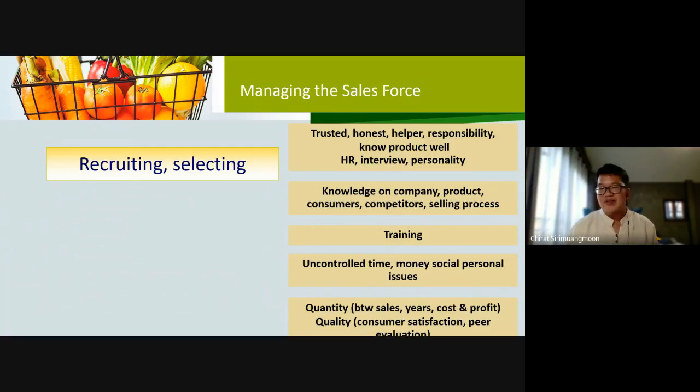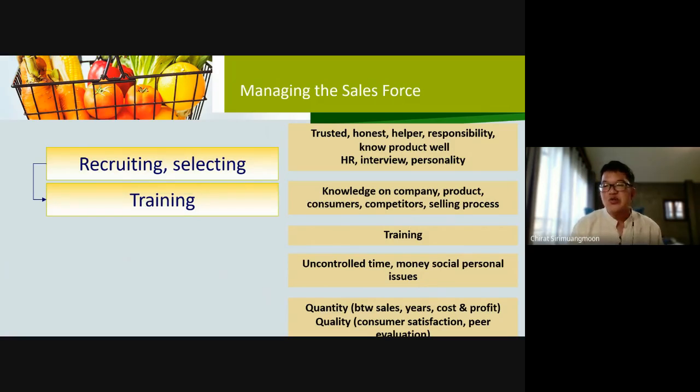In order to have that, the human resource department might take care of this one. They might do some interviews and some examinations about the personality, because a salesperson should be the person who can talk, who can make some decisions fast in some cases, like careful decision makers. So this is recruiting and selecting.